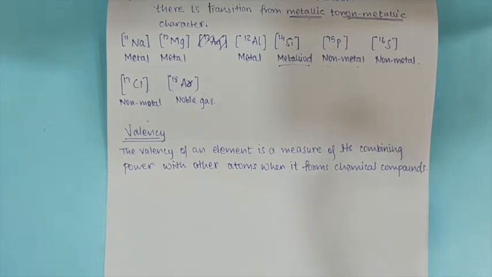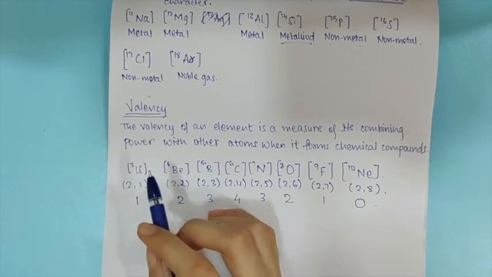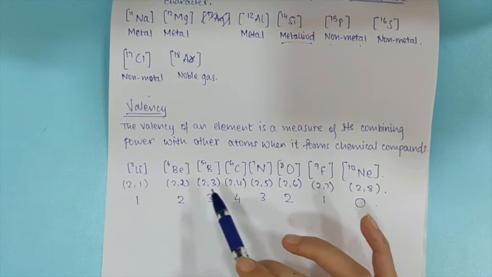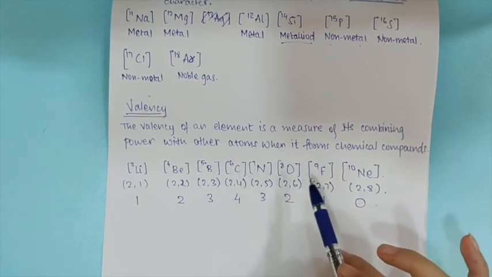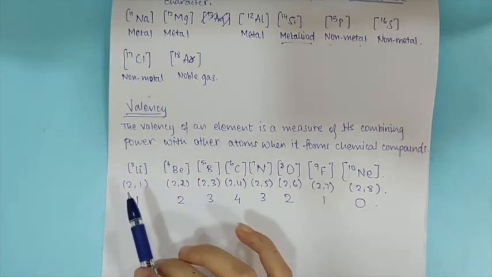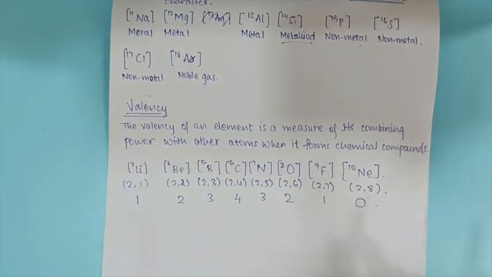So for example, here I have given a list of elements from period 2: lithium, beryllium, boron, carbon, nitrogen, oxygen, fluorine and neon, with their respective electronic configurations and valencies. Now you will exactly understand what I mean by valencies.